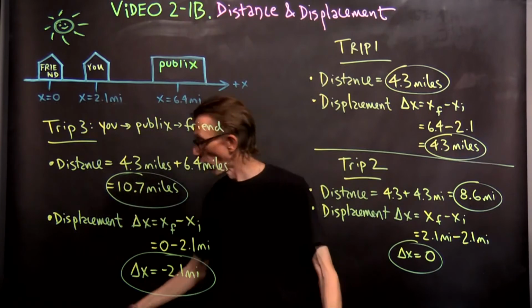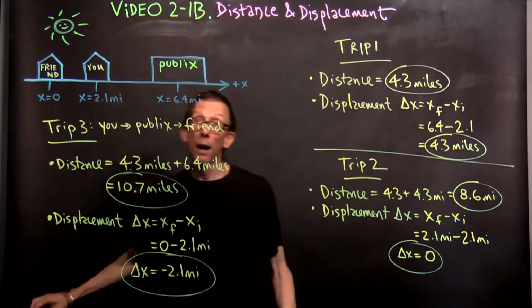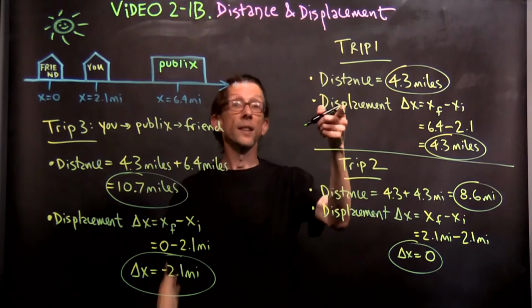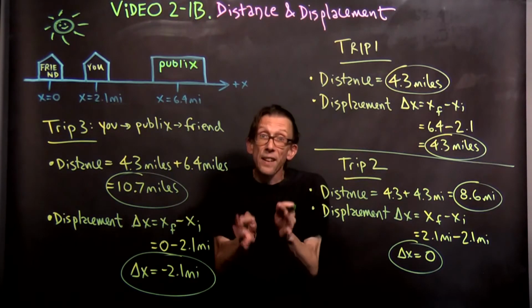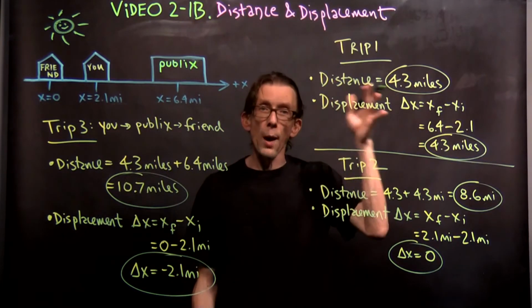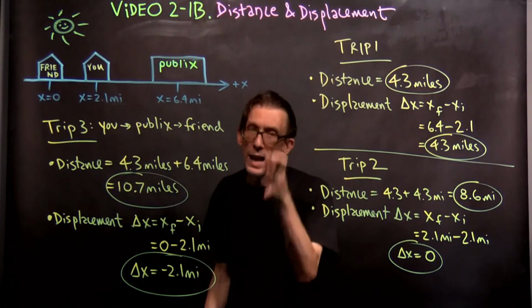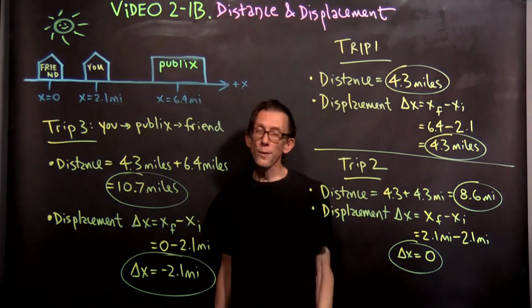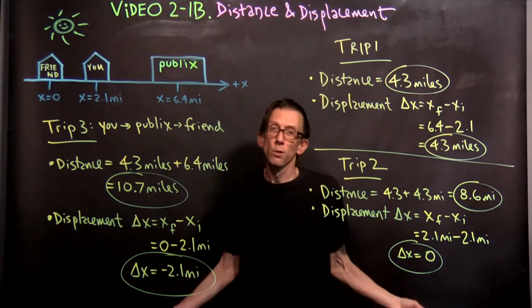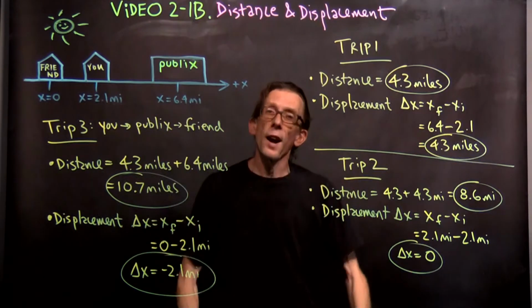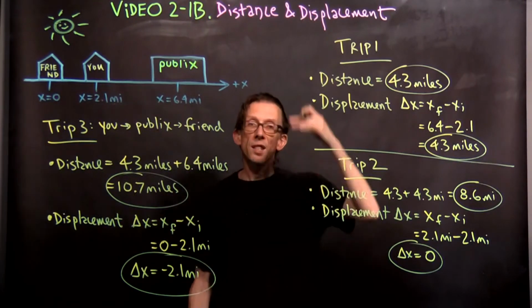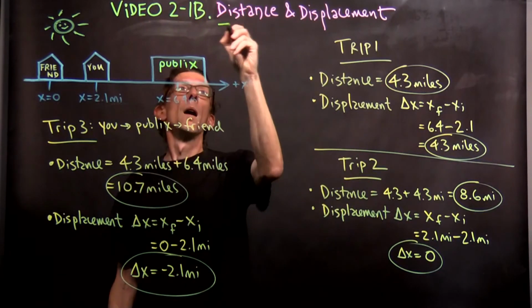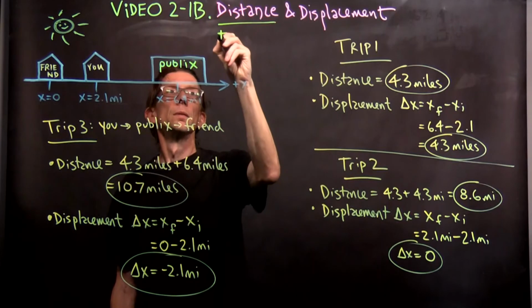Now, one last important thing to say about distance and displacement. As I've indicated, distance is what your odometer reads. Your odometer never goes negative. Even when your tires spin, like in Ferris Bueller's Day Off, right? Spinning the tires backward doesn't matter. It didn't make a difference. Distance is always positive.